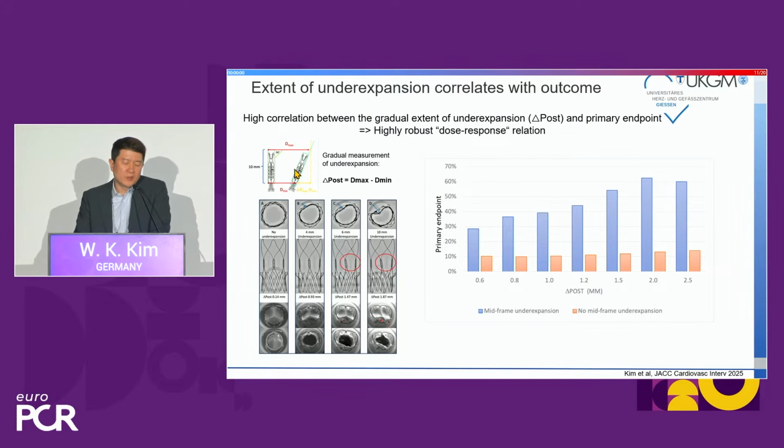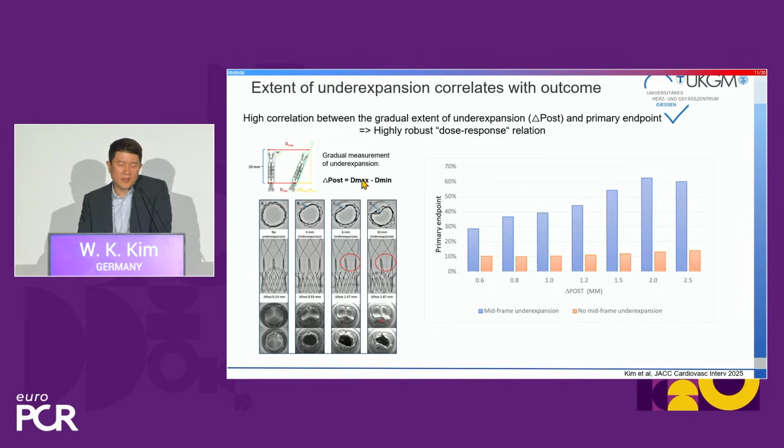So I told you that we had different methods to look at underexpansion, and there was also a gradual measurement of underexpansion, allowing us to measure it gradually. So we measured the distance between the bent posts, and measured delta post, and a higher number would indicate more deformation.